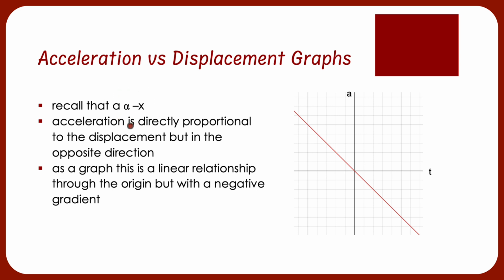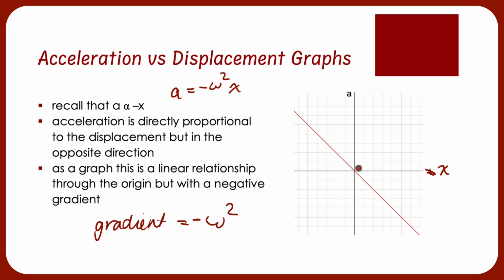This is a condition of simple harmonic motion, and now if I want to write it as an equation, I would actually write a equals negative omega squared x. On the graph of a versus x, I will end up having a graph which is a straight line. And the gradient will equal omega squared. You can put the negative sign there.